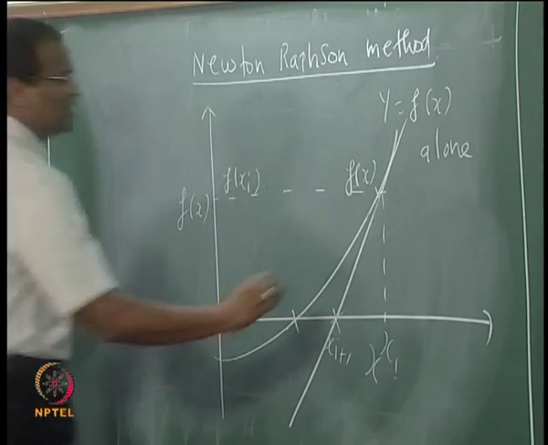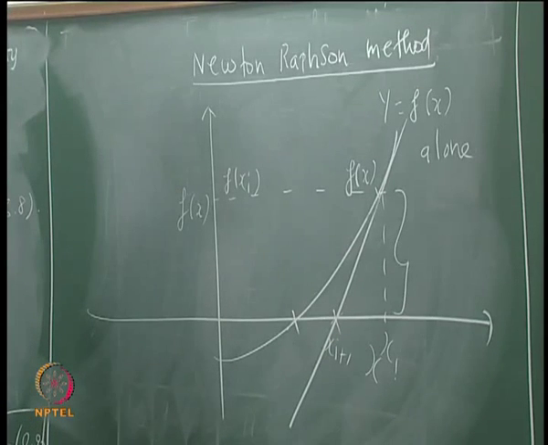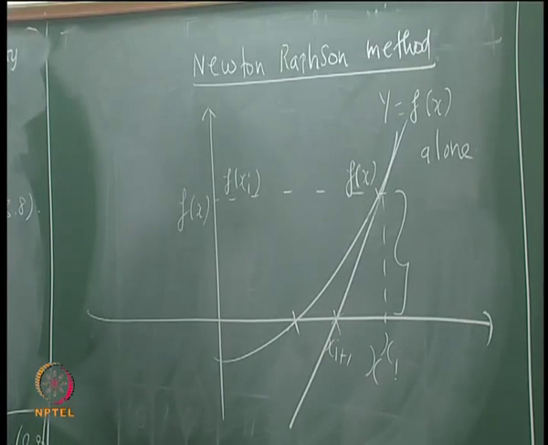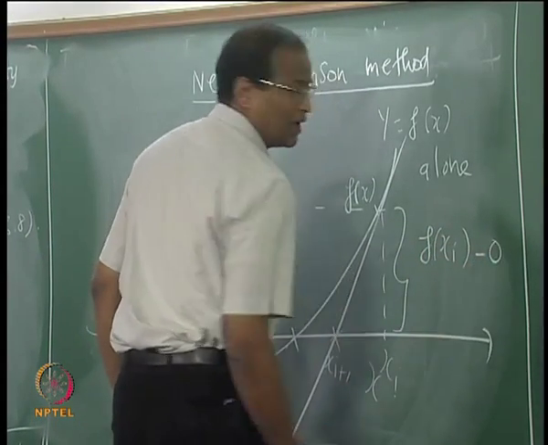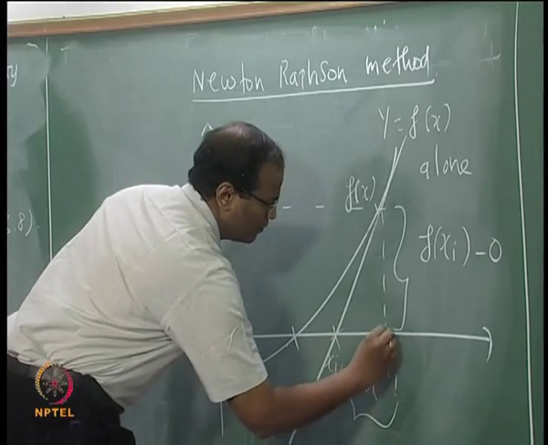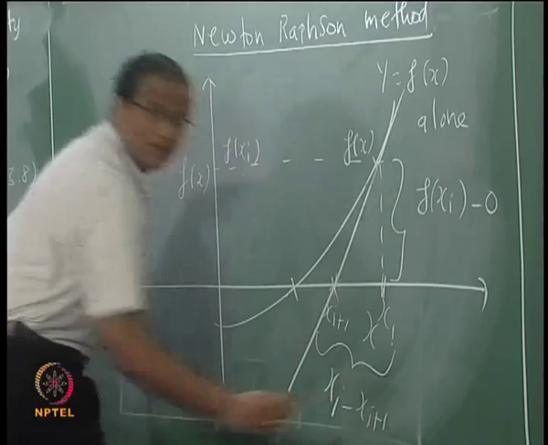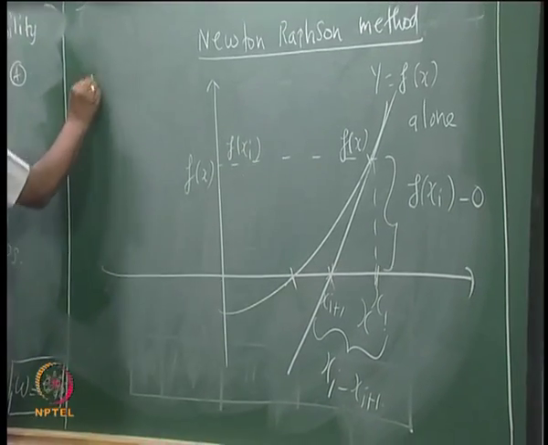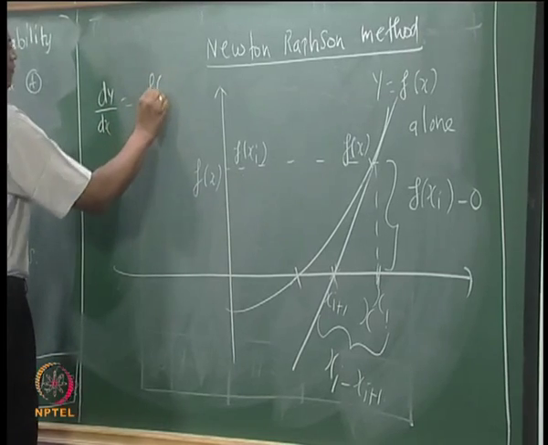Okay, so what is this? f of xi. Correct? What is this? xi minus xi plus 1, correct? Therefore dy by dx at xi is equal to f of xi divided by xi minus xi plus 1.